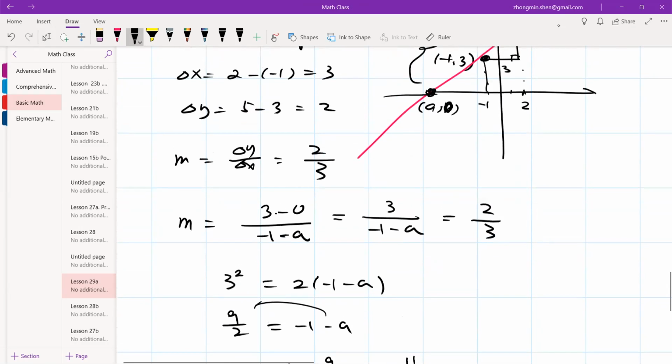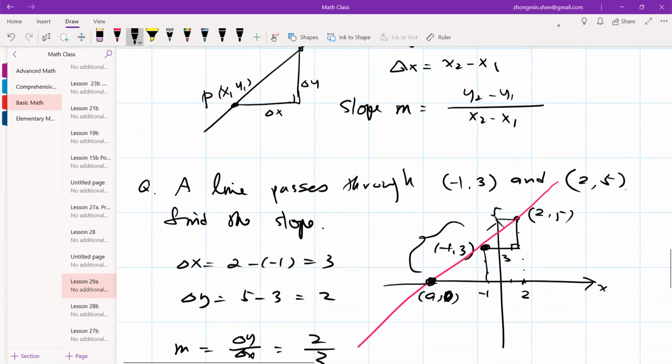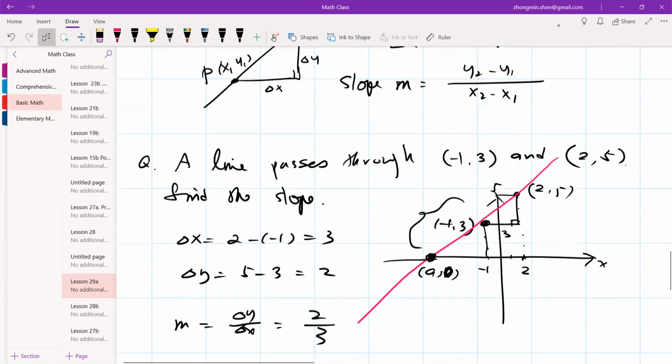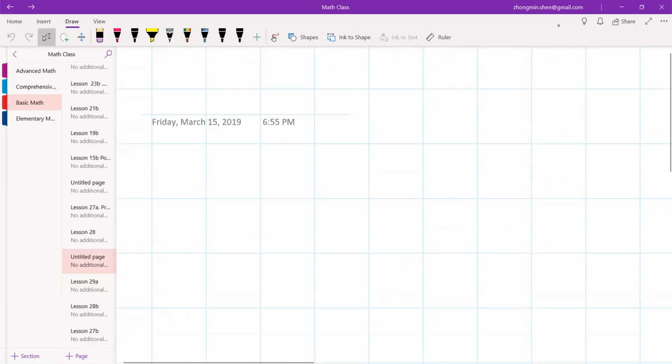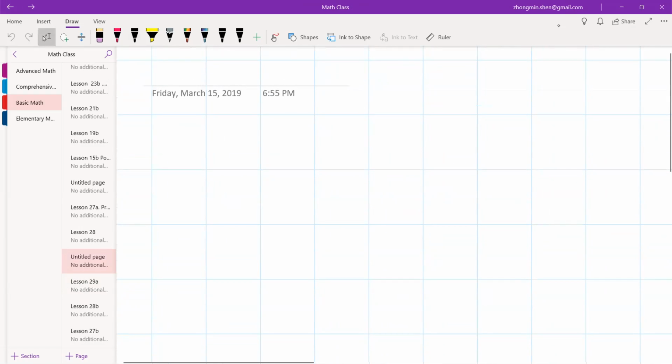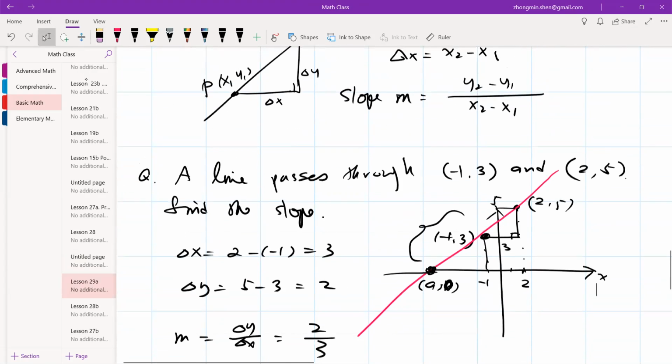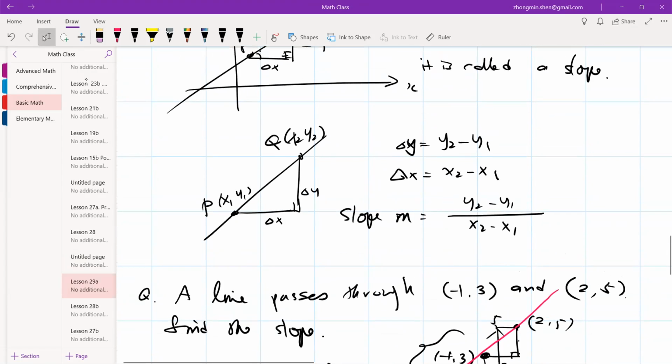So this is the point where the line passes through the x-axis. What I'm saying is the fact that, given a line, arbitrarily pick any two points.